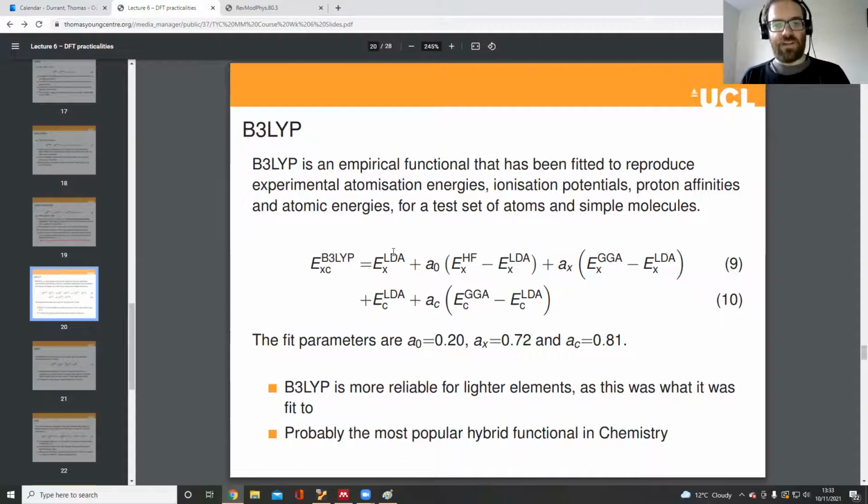But B3LYP is actually a combination of probably about five different functionals fitted together in various ways, and fitted to reproduce, as I say, thermochemical data. So this is a very popular approximation, especially for chemical calculations, because the data this was fitted to is chemical reactions and things like that. So it's quite good at describing molecules, but it's not as good for solids as some other functionals.